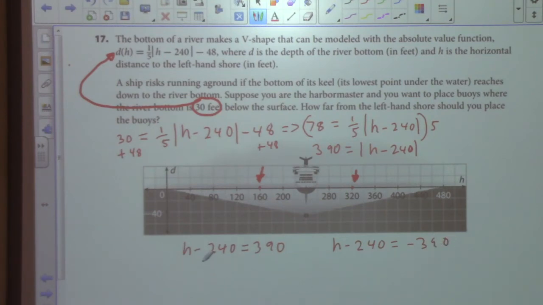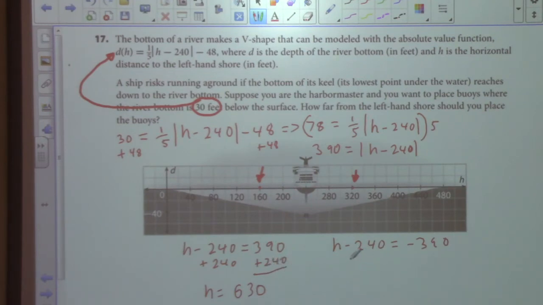Then we add 240 and we get h equals 630, on the positive side.